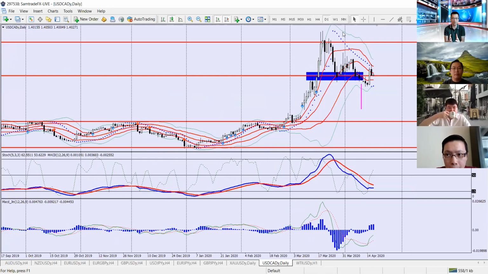while we are looking at it, I always start off on the daily time frame. So this is on the daily chart, which I give predominantly for the investors. I don't normally trade on the daily chart. It's too big a time frame.